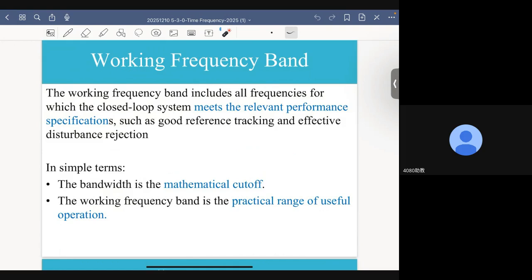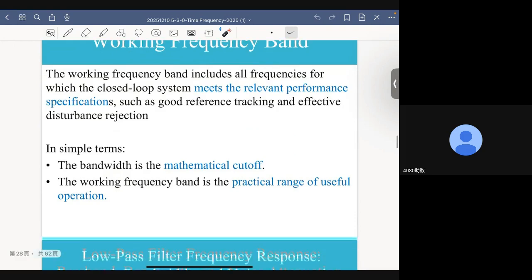Okay, what are relevant performance specifications? It depends on your requirement. But for the loudspeaker we just saw, it means the speaker should be able to produce a sufficient amount of sound pressure or sufficient volume in that frequency. All right.